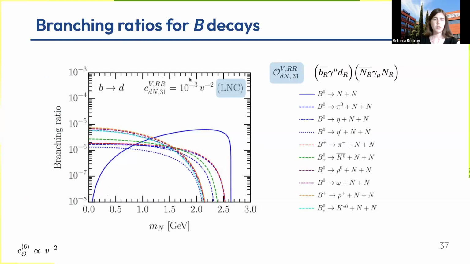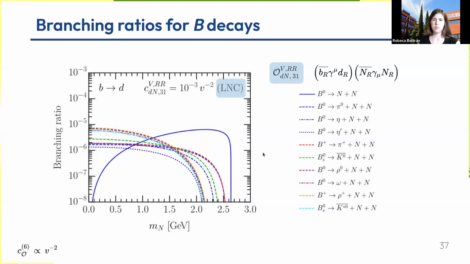We have fixed the corresponding Wilson coefficient to this amount, and we observe branching ratios of the order of 10 to the -5, 10 to the -6. With 10 to the 15 mesons, we could even explore branching ratios as small as 10 to the -11, 10 to the -12. This would help constrain these coefficients a lot.